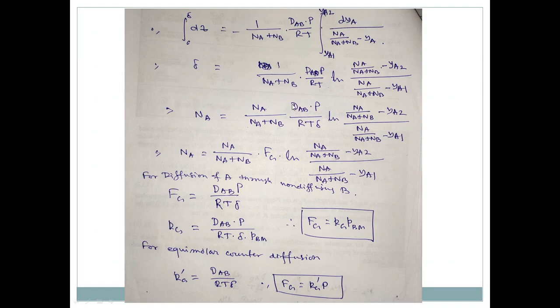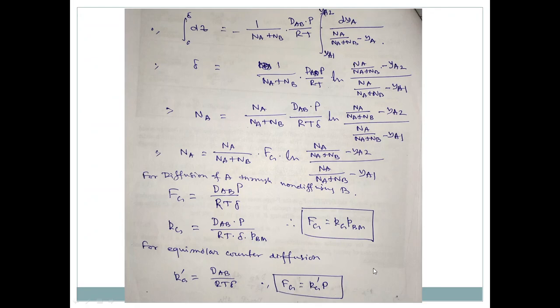And this is your Fg. So Fg will be dAB P by RT delta. You can remember the Kg expression, dAB P by RT delta pBM, so Fg equal to Kg P. For equimolar counter diffusion, Fg will be Kg dash P.